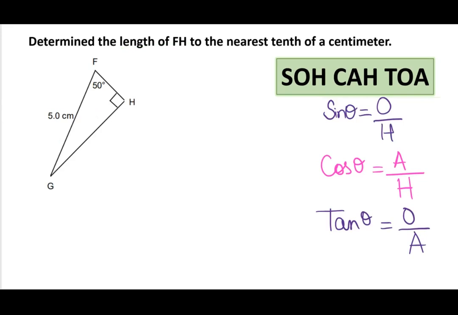Okay, so let's do another example. We need to find the length of FH. The first thing we do is we label our triangle. So this is our right angle right here. The side that is opposite to this, or the side that is the longest, is called your hypotenuse.